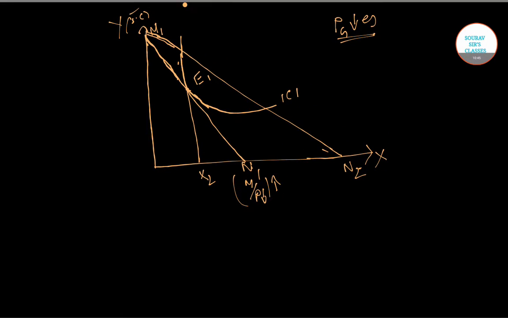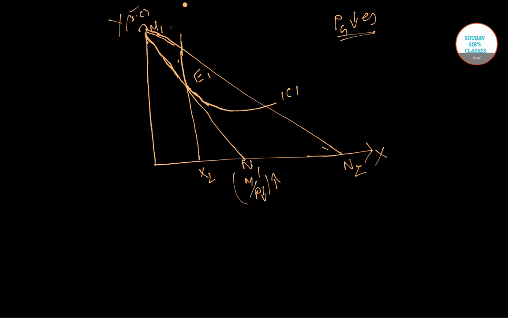Now he has moved to a new equilibrium point, say, at this level, which is IC2. So he has reached another IC. So now he is consuming less of X1 and more of X2, because X is the Giffen commodity. So the price has fallen and the budget line has shifted rightward, but the IC has shifted leftward.